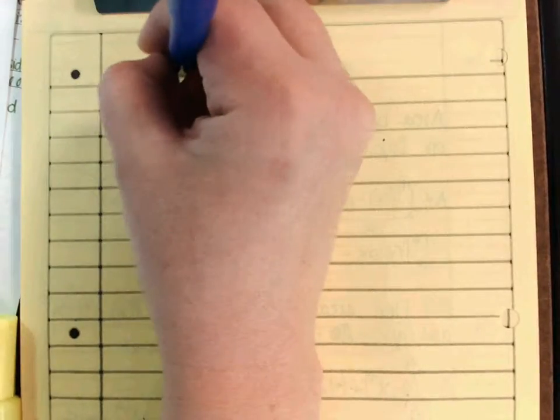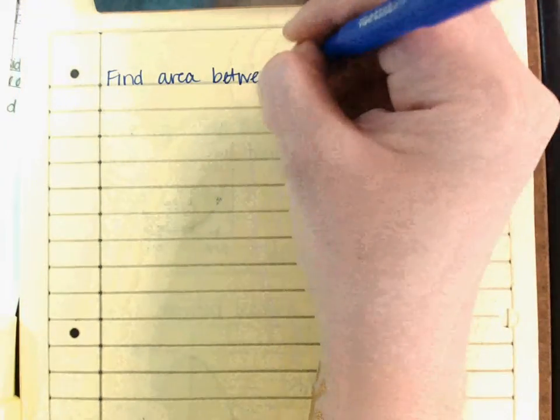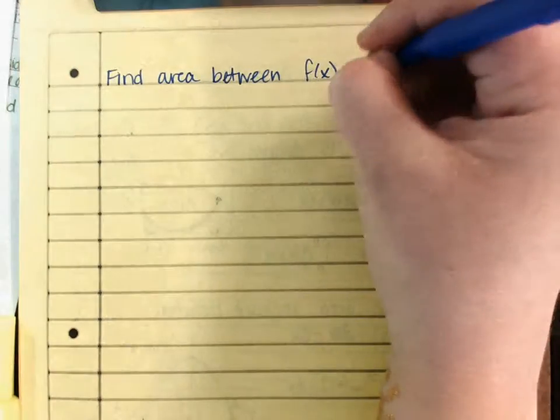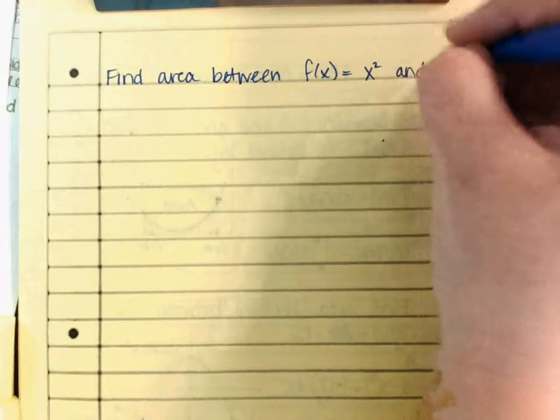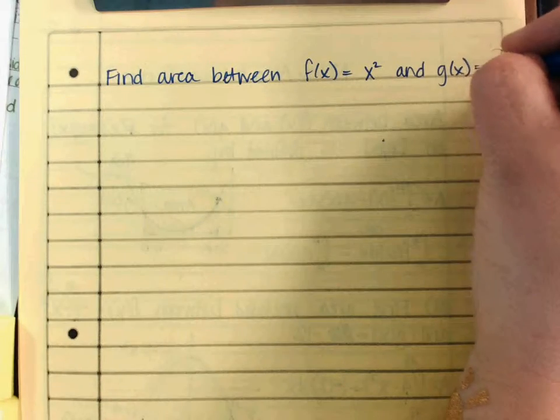So let's say for our next example that our function is going to be f of x equals x squared and 2x plus 8.